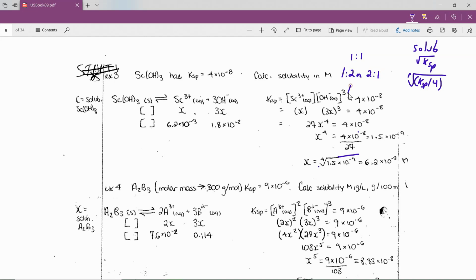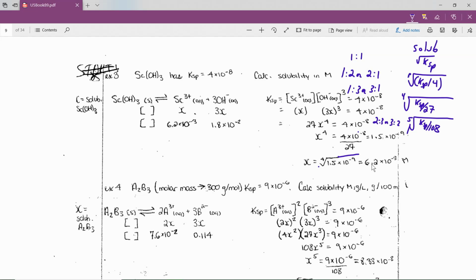If it's a 1 to 3 or a 3 to 1, then it is the 4th root of Ksp over 27. And in the 4th example, A2B3, if it's a 2 to 3 or 3 to 2, then to get the solubility, it's going to be the 5th root of Ksp divided by 108. You divide by the 108 first, then you take the 5th root.